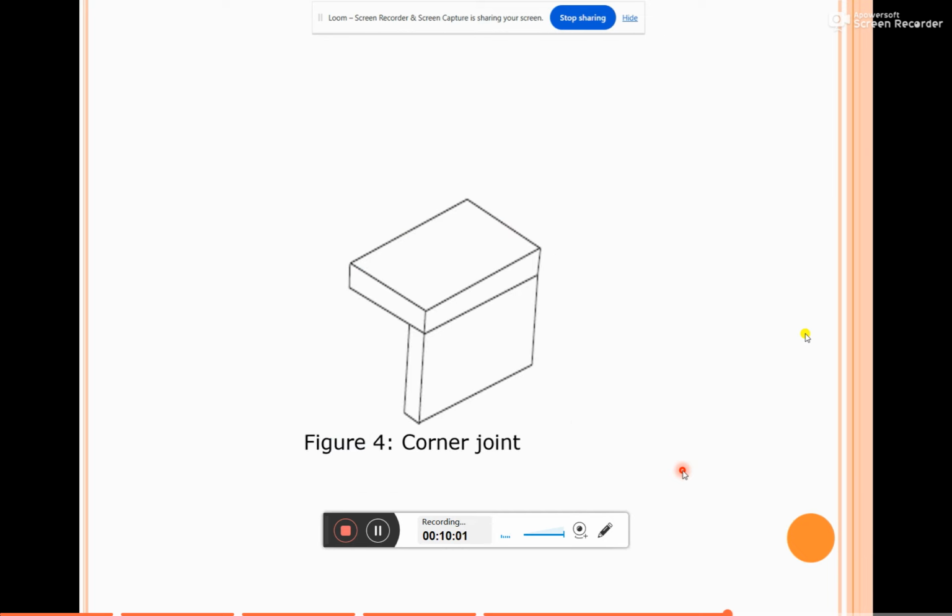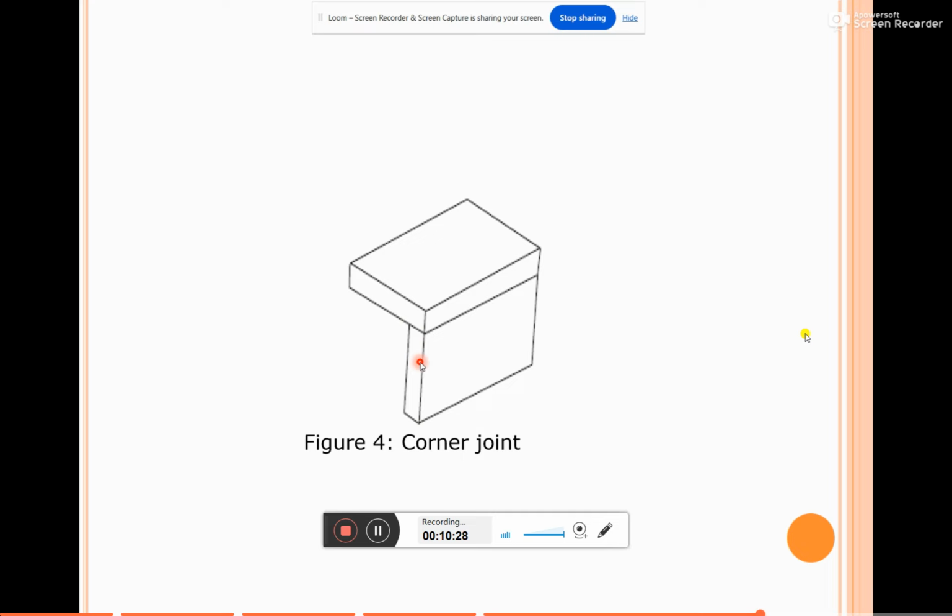The next one is the corner joint. The corner joint is obtained by joining the edges of two plates whose surfaces are at an angle of 90 degrees. This is one workpiece edge, and this is the other workpiece edge.